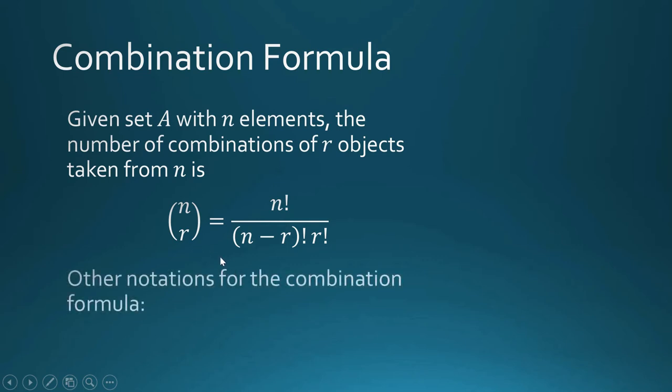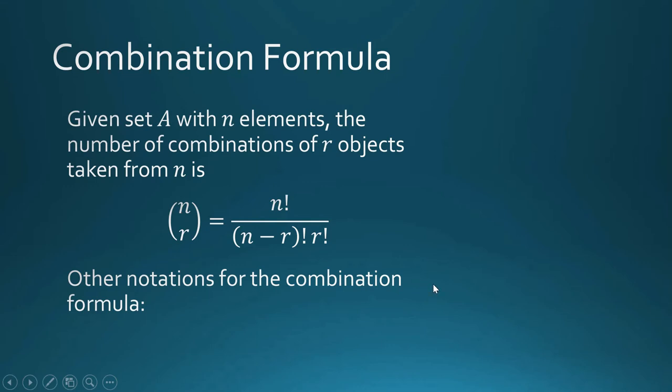This is read as n taken R. You have a set containing n elements, and then you will choose R number of objects from that set. And this formula will tell you how many combinations of R objects can be taken from the set with n elements.